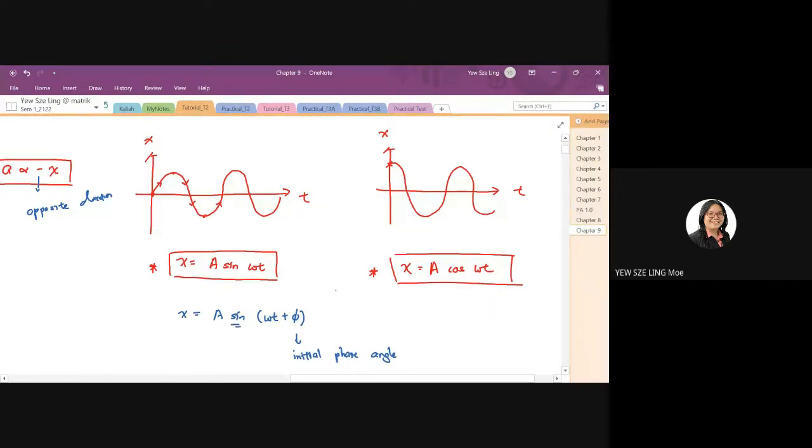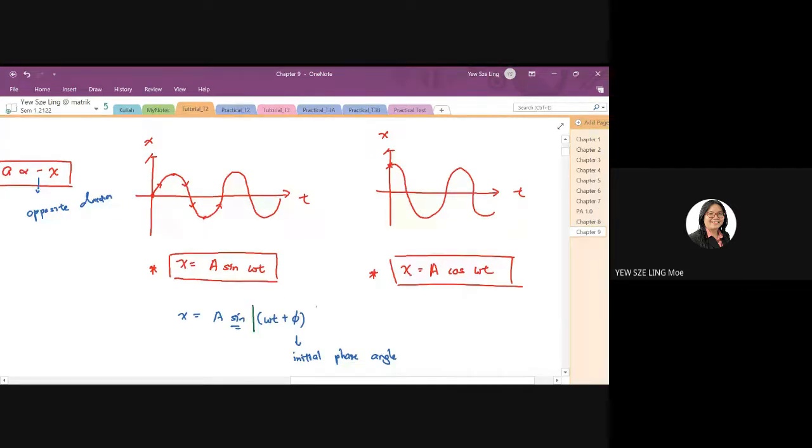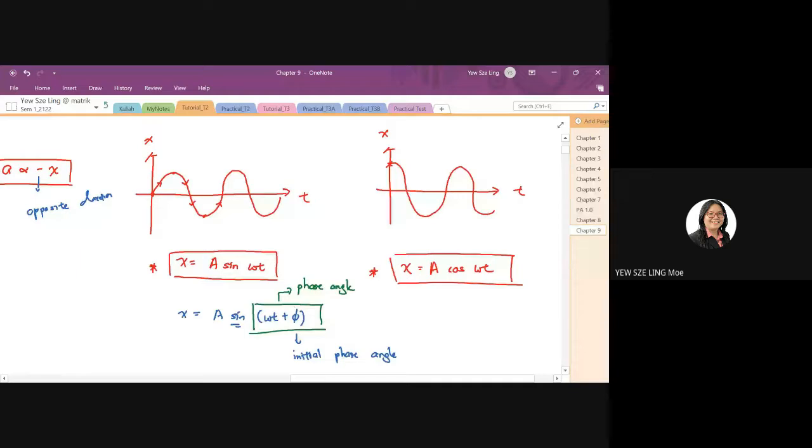It starts with an angle, that's why you have an initial phase angle. Now, don't get confused between initial phase angle and phase angle. This whole thing, omega t plus phi, we call the phase angle. The symbol phi itself we call the initial phase angle. So there's a slight difference between these two components. Just make sure you know the names.